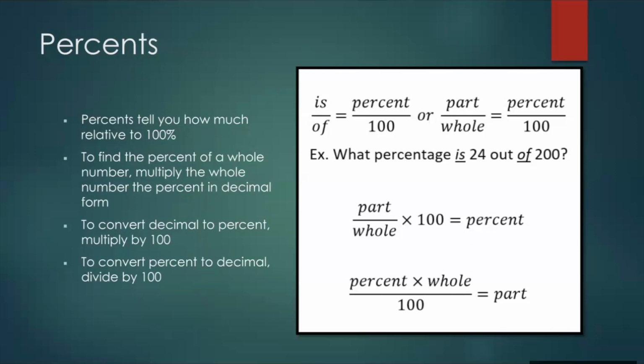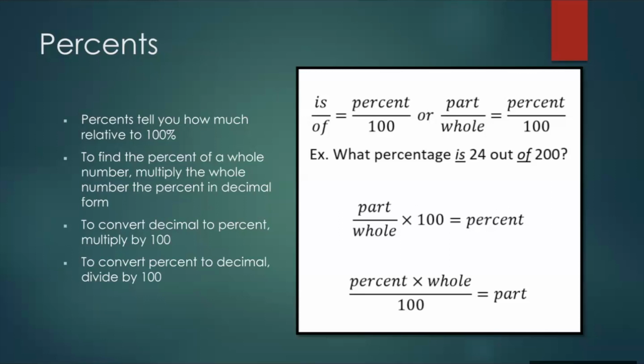Righty, so in this picture to the right, we have an example. It says, what percentage is 24 out of 200? You always want to put the "is" over the "of." So in this case, we would put 24 over 200, and we get 0.12.